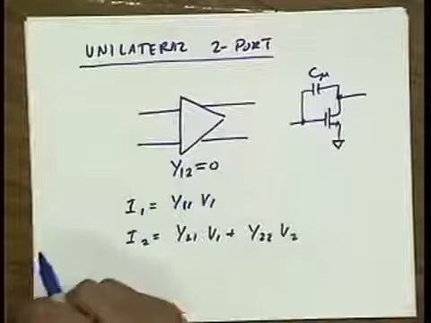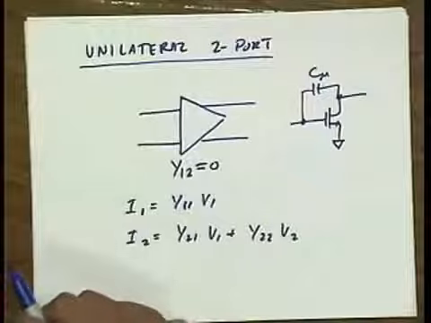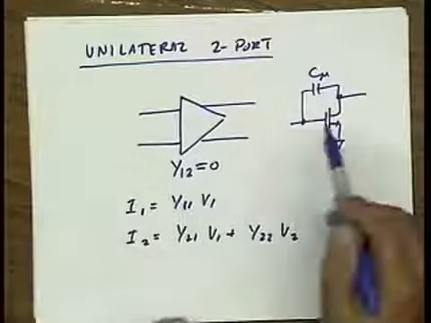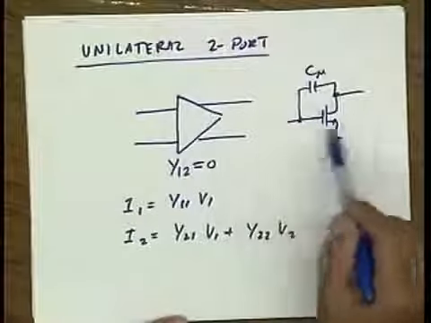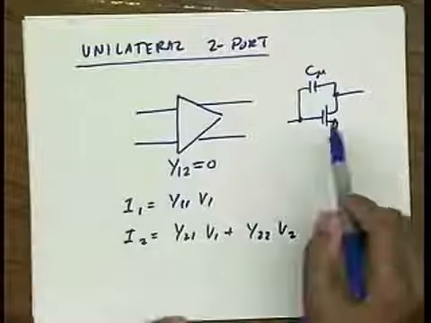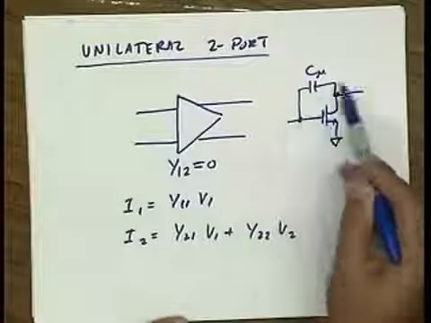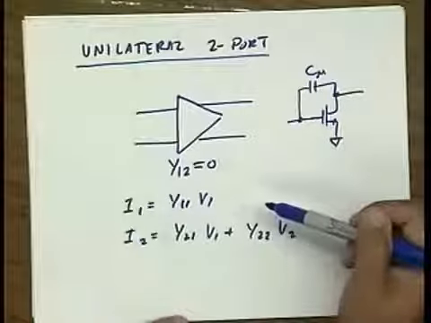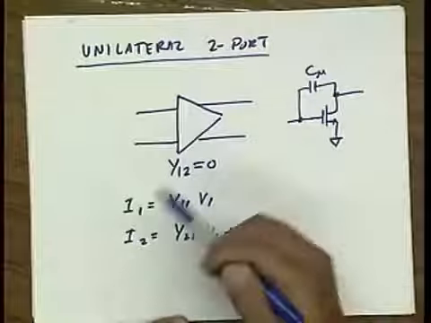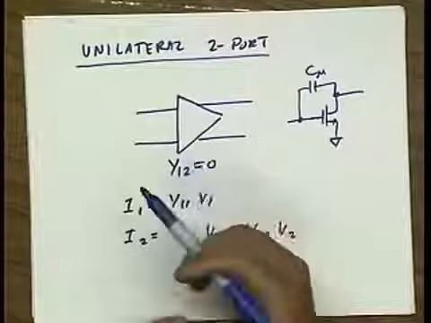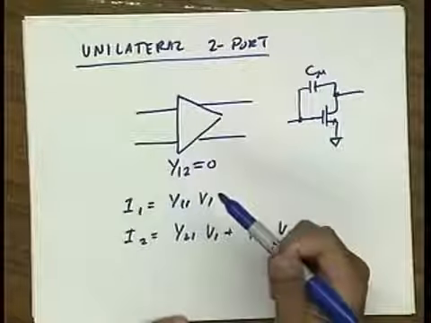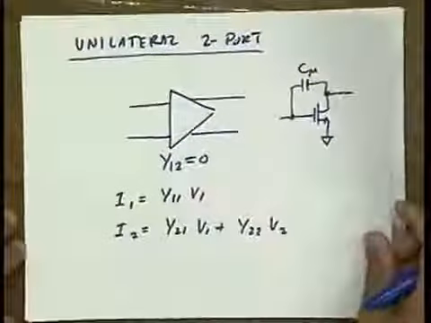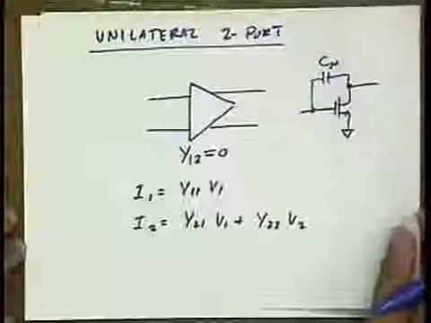So C mu makes our device bilateral. And what we'll find out is that not only is C mu bad for bandwidth for, let's say, a common source amplifier, but the fact that we have C mu means at high frequencies we have feedback. And this feedback is dangerous because we know from 140 that feedback produces stability problems at high frequencies. Okay. We'll have a lot more to say about that as we go forward.